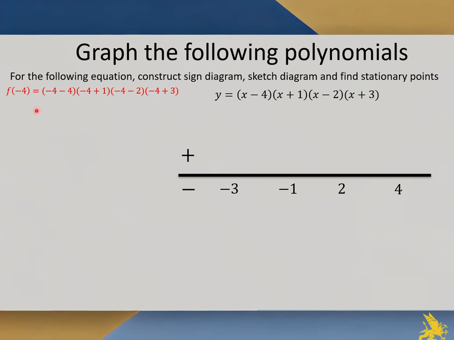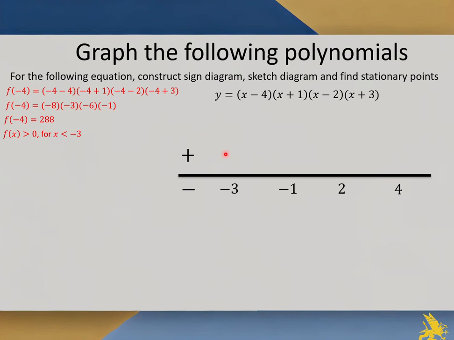I'm substituting -4 into my equation and simplifying it. -4 take away 4 gives -8, -4 plus 1 is -3, -4 take 2 is -6, and -4 plus 3 is -1. If I times them all together, I'll get a positive 288. That means my sign is going to start up here. So any value less than -3 gives y greater than 0.